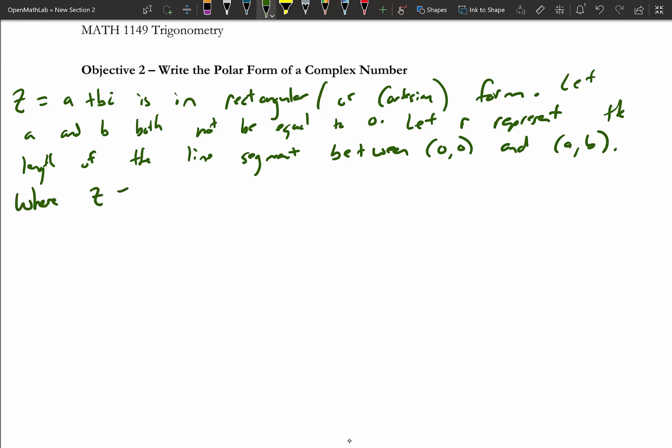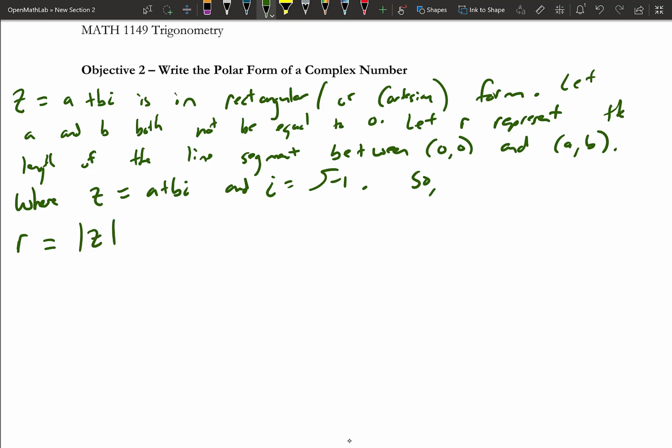Where z equals a plus bi, and of course i equals the square root of -1, right? So in other words, r is going to be equal to the modulus of z, right?